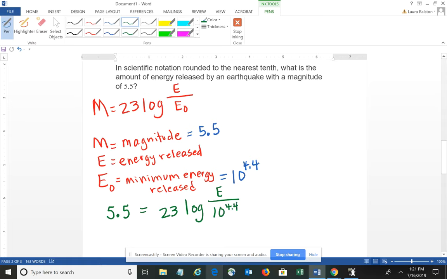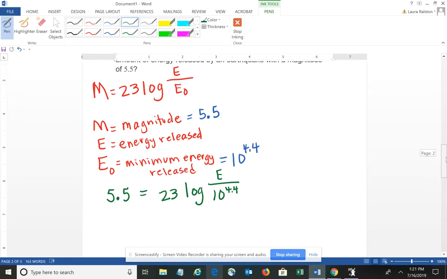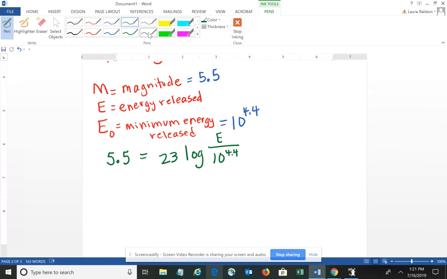All I did was substitute the numbers into the formula that I was given in place of that particular variable. Now again, I'm trying to solve for, in this case, E, and the first thing I notice is that my logarithm is multiplied by 23. It's 23 times the log. So I want to get rid of that multiplication by 23.